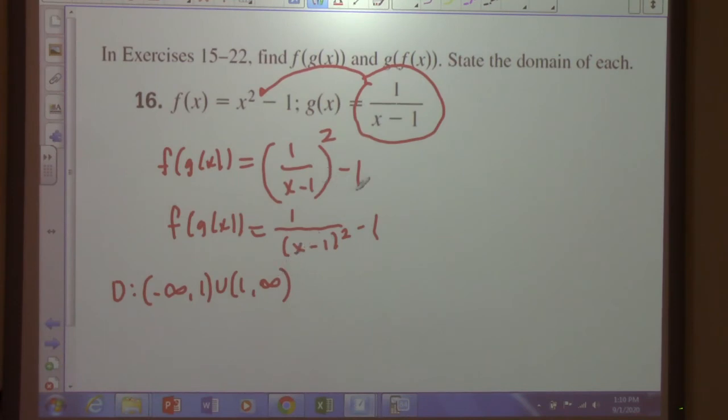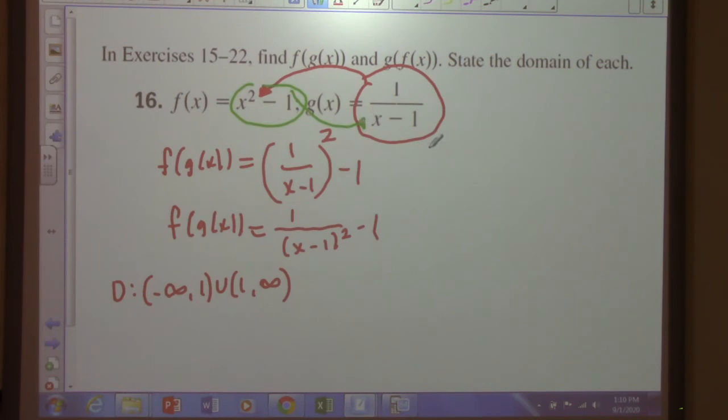Wait, I got it. It's actually the other part, right? Yeah, then the other part too. And you want me to do that one too? Yes. Okay. It's the same sort of thing, but we're going to take this one here and put it in place of this x right here.